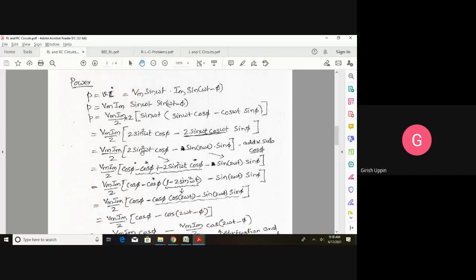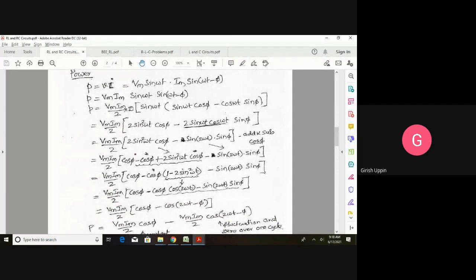If we simplify this equation, sin(omega t minus phi) is what? Sin omega t into cos phi minus cos omega t into sin phi. And I will multiply this equation by 2 and divide by 2.